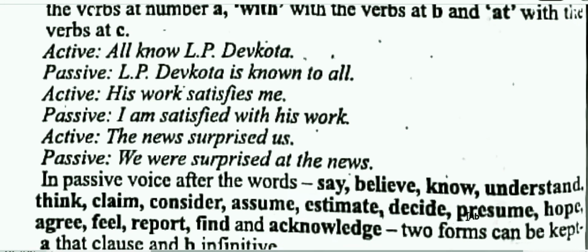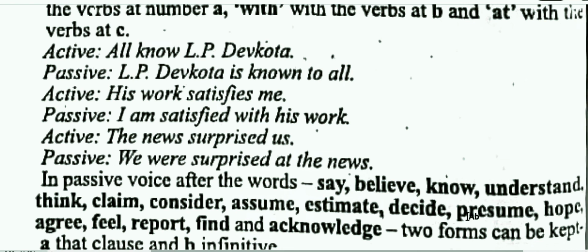See here. Active: "All know Lal Dekota." Know and marry are the words where we write "to." "Lal Dekota is known not by all, but to all." When the words know, marry come, instead of "by" we use "to." "His work satisfies me." For words like please and satisfy, we use "with."